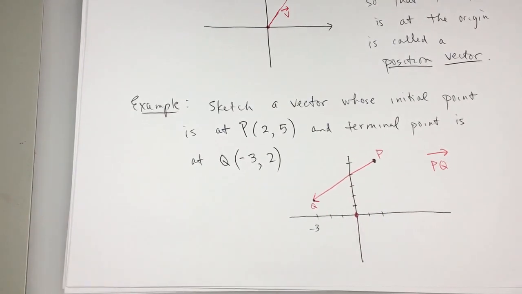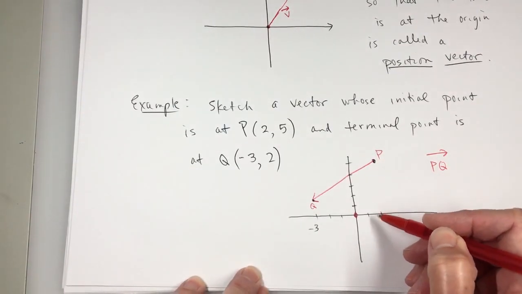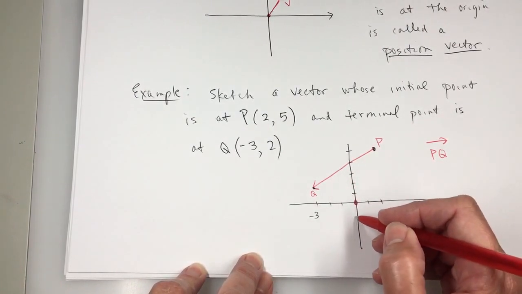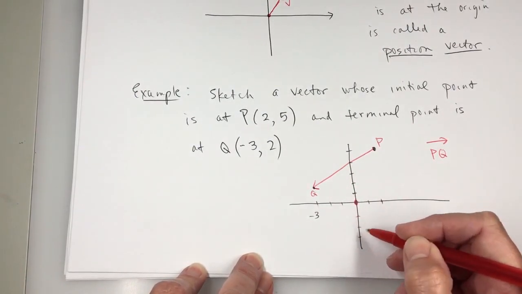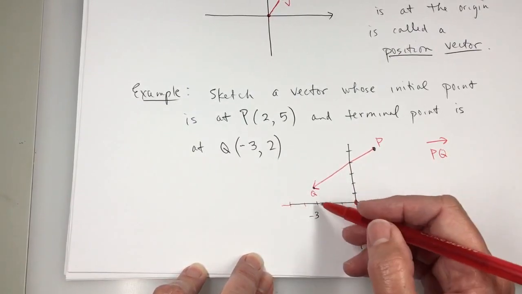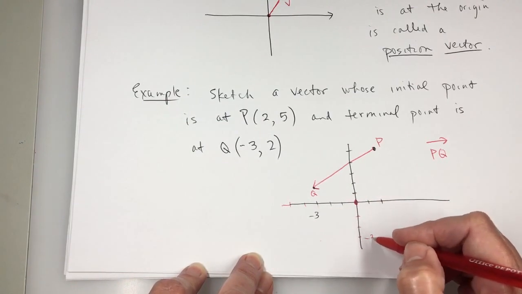A couple of ways you could do this. I could look at it and say, okay, P moved down 5 units and left 2 units. So Q is going to move down 5 units and left 2 units as well. So let's have 1, 2, 3, 4. Here's -3.